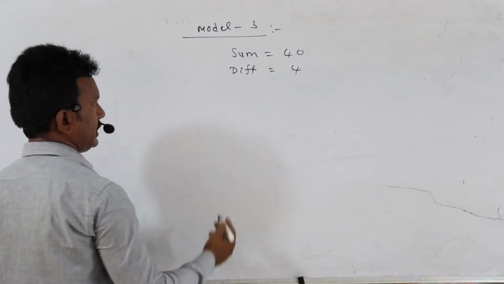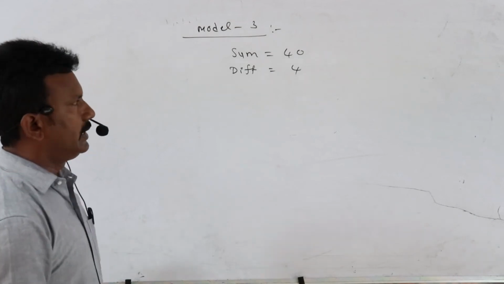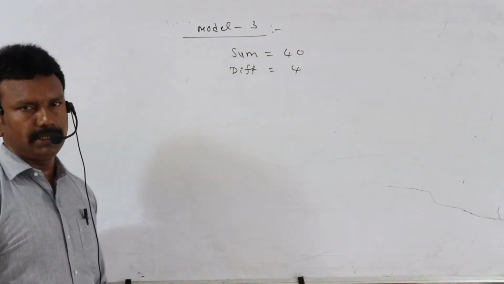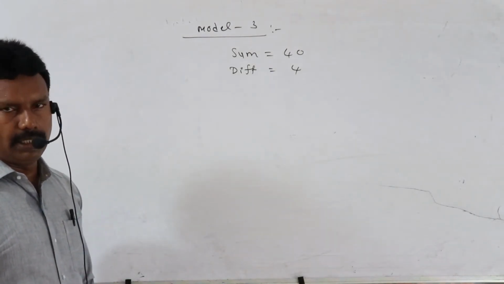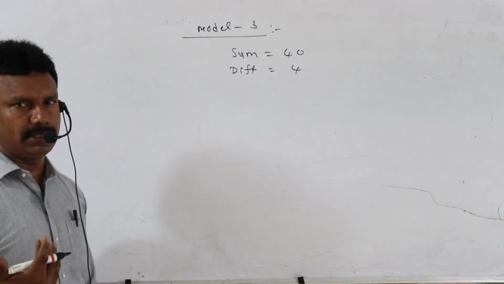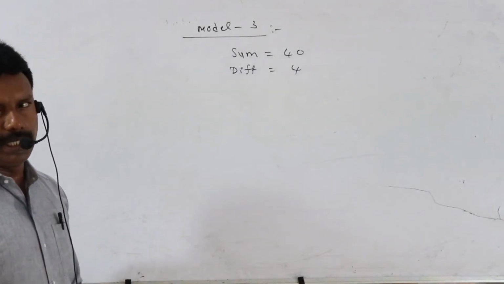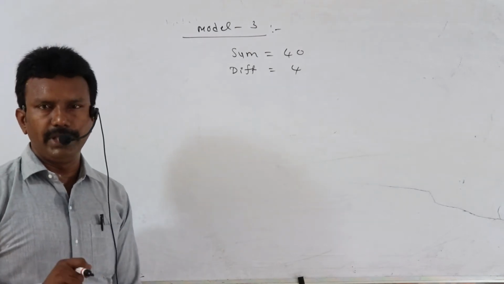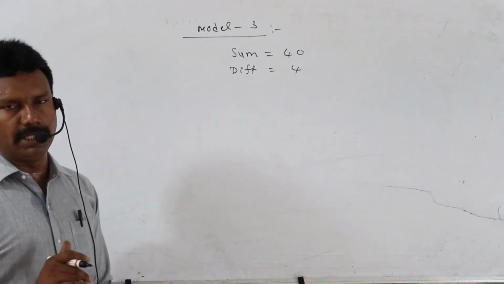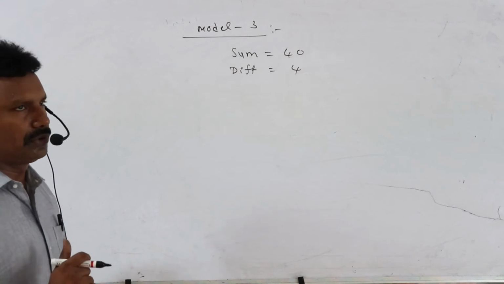So this is our question. Clearly, given that the sum of two numbers is 40 and the difference of the same numbers is 4, find the ratio between the two numbers.